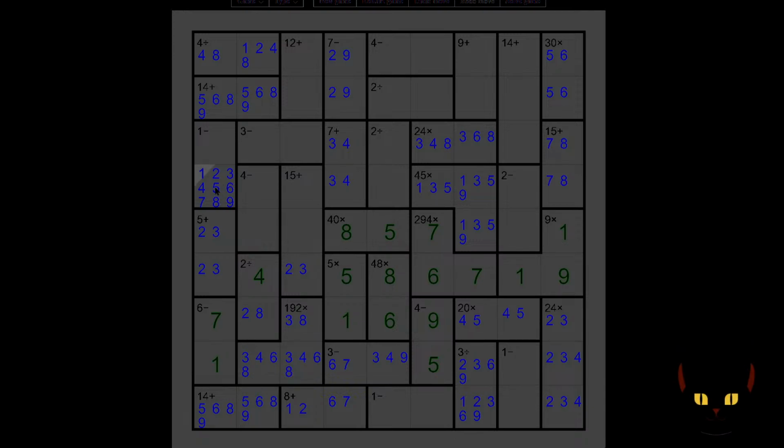Let's see. 2, 3, 1, and the 7 are all used up. So let's see, the 4 and the 5 and the 5 and the 6 pair together, and the 8 and the 9 pair together. The difference is 1. Not quite as helpful as I was hoping.